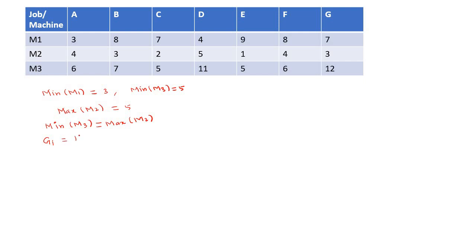Gi equal to, we write M1 plus M2, and Hi is M2 plus M3.